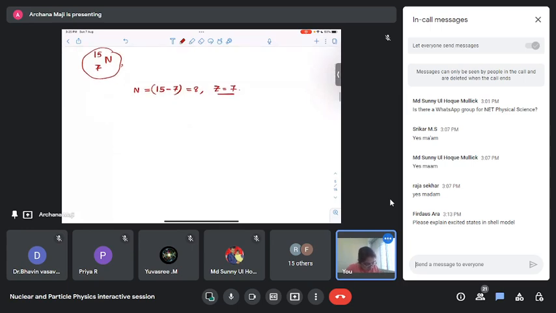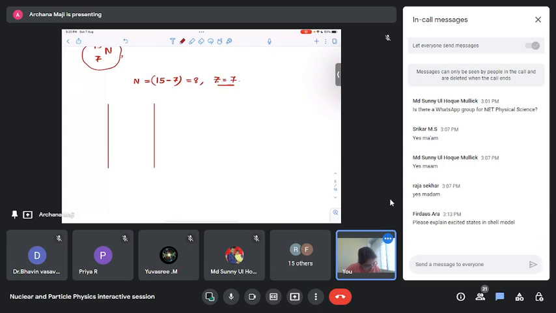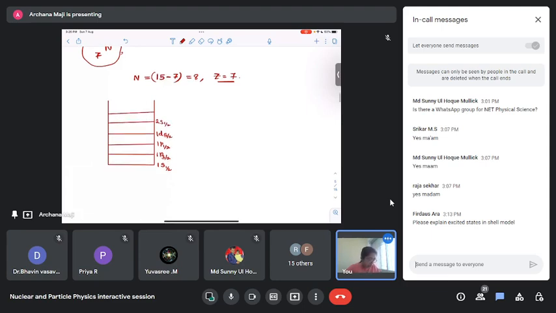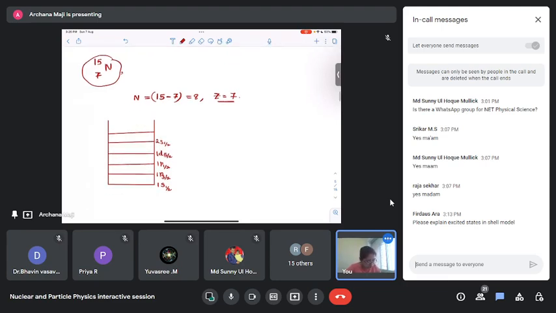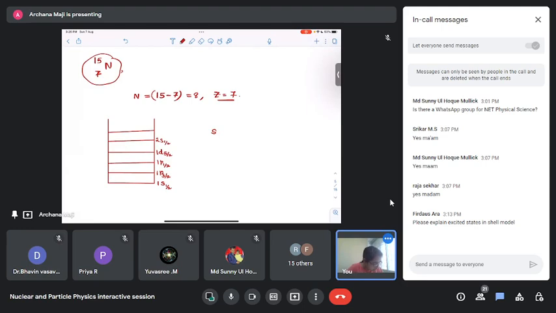Okay, let me draw the diagram. So the shells: this is 1s 1/2, this is 1p 3/2, 1p 1/2, 1d 5/2, 2s 1/2, etc. Okay, so before I answer this question, S means L equal to 0.